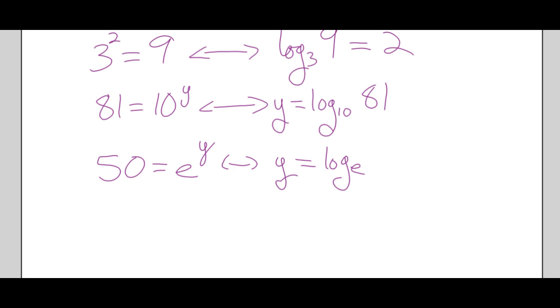So y is equal to log base e of 50, right? So the value 50. Another way we can write that is, instead of log base e, we write ln. Very important function, got its own key right below the log key and above the store key. So generally we're not going to do log base e, we're going to do ln.